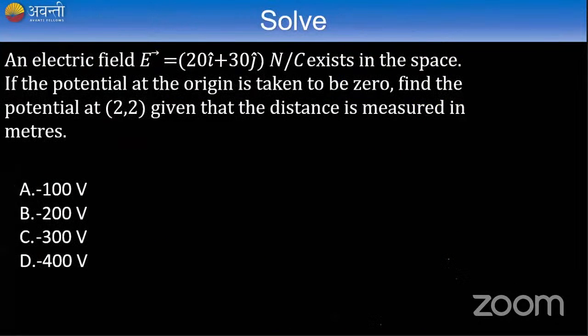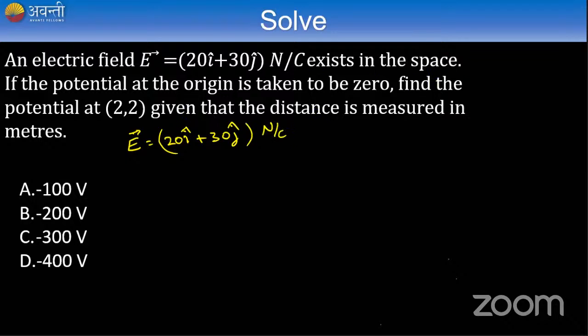So what's given here? Try to apply that in this question. What we have here is an electric field E, given as E is equal to 20 i cap plus 30 j cap newtons per coulomb, which exists in the space.